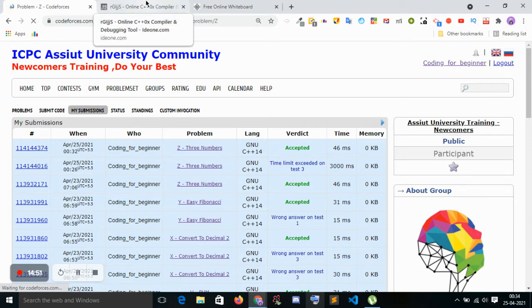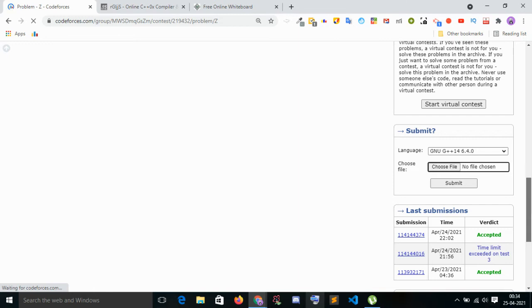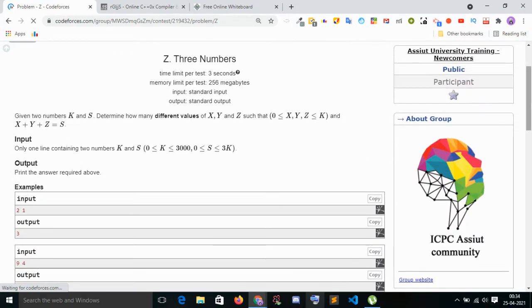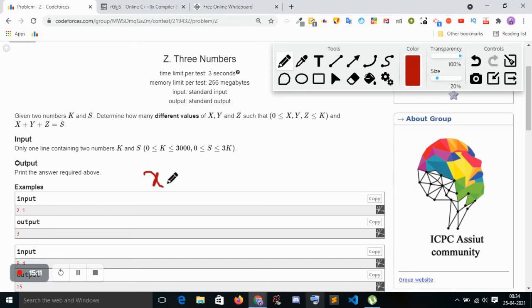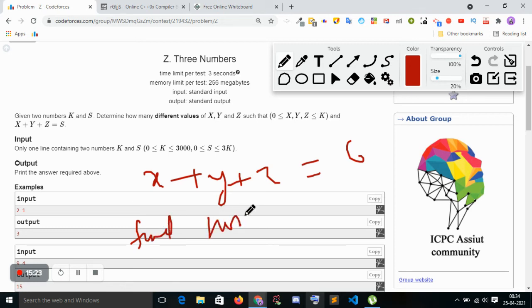There is a question in class 11: find the non-negative integral solutions of x plus y plus z equal to 6. Non-negative means x can be 0.